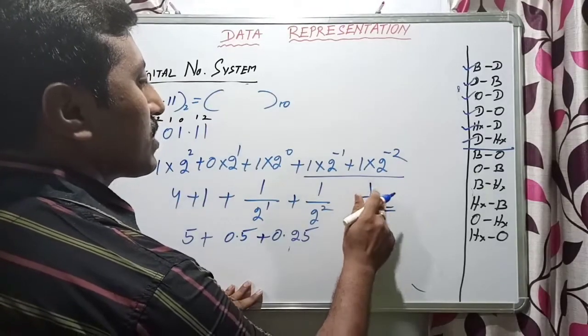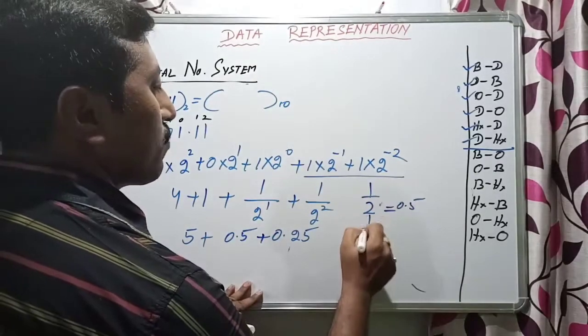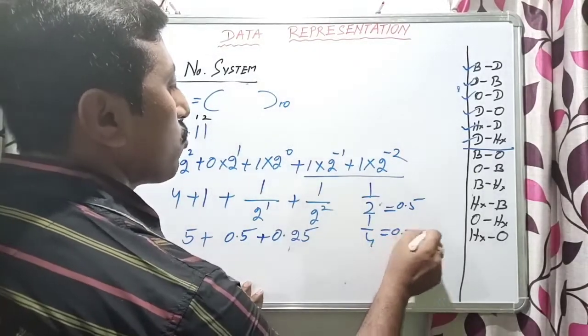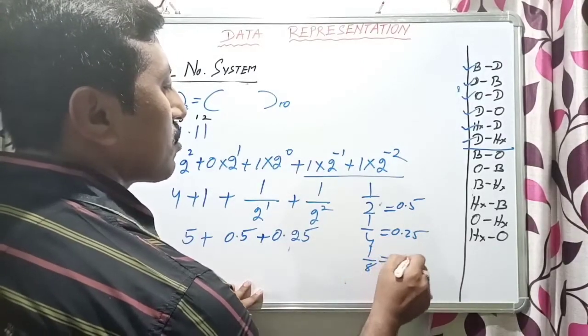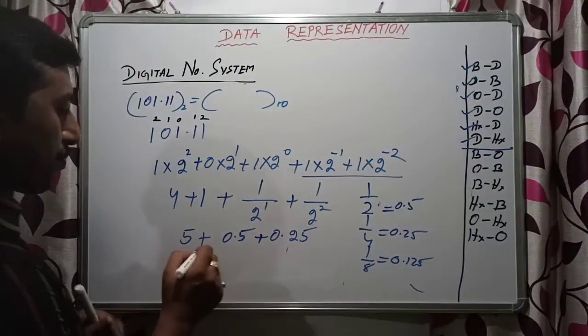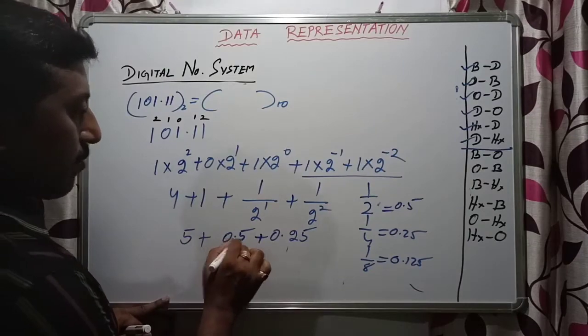If 1 by 2 is there, you take 0.5. If 1 by 4 is there, 0.25. If 1 by 8 is there, 0.125. So you remember that.